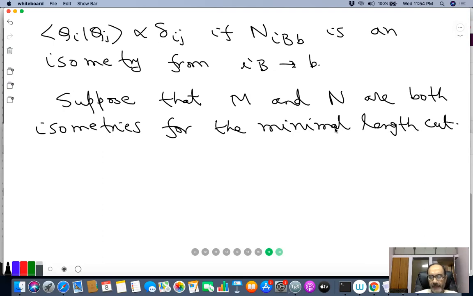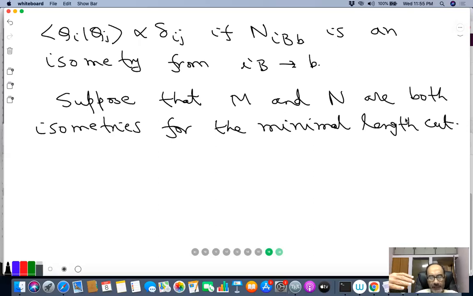Because if it happened for any other cut, the equality is established, but on the other hand we know that there is an upper bound set by the minimal length cut, so clearly there will be a contradiction.